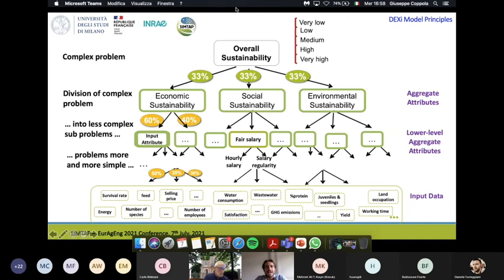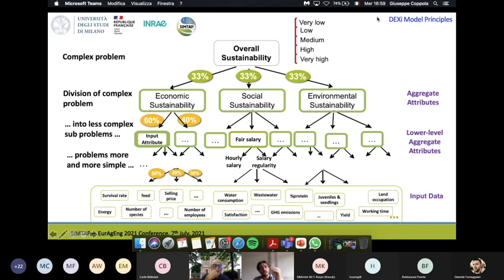So in this slide here, we can appreciate how the general problem of the sustainability, of how sustainable the SIMTAP systems are, has been divided into a series of lower level layers composed by aggregate attributes.